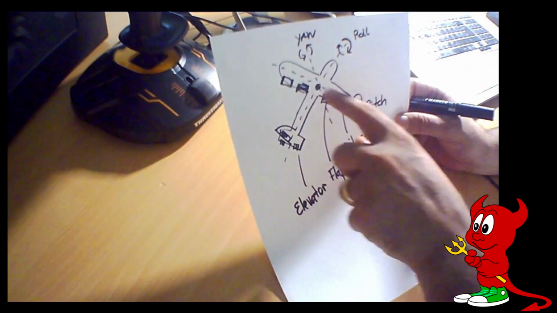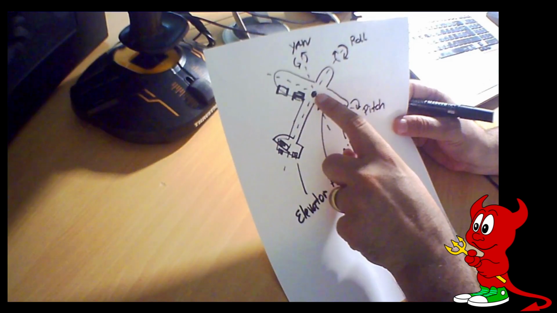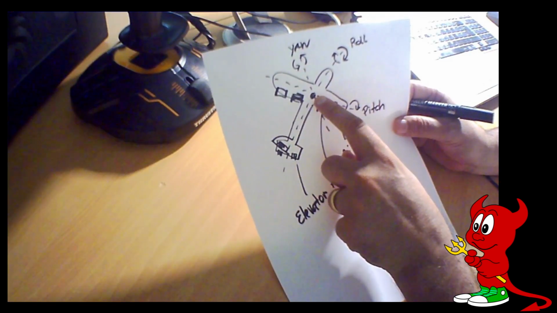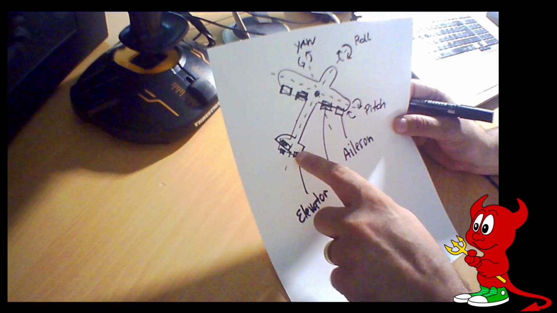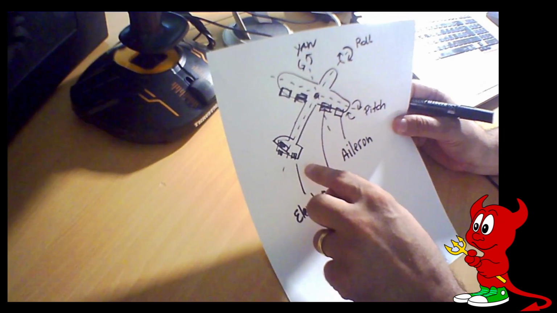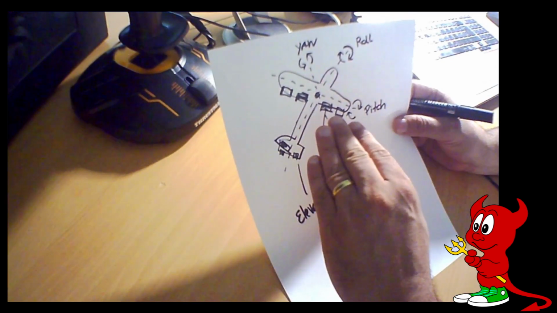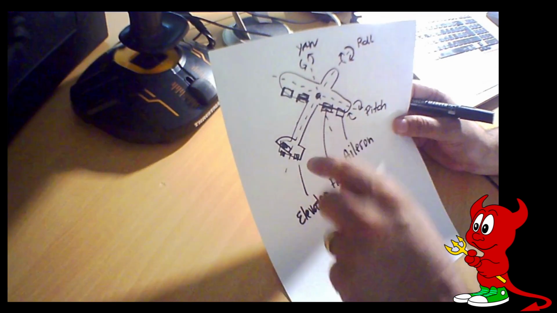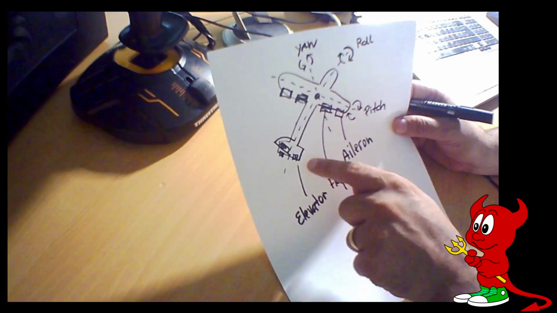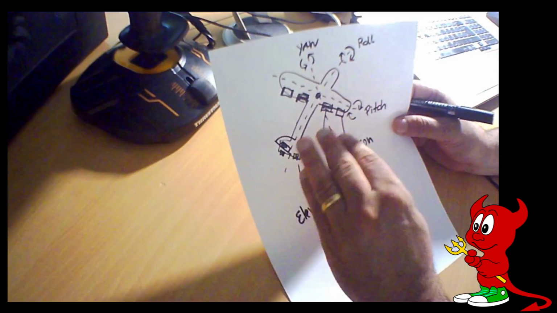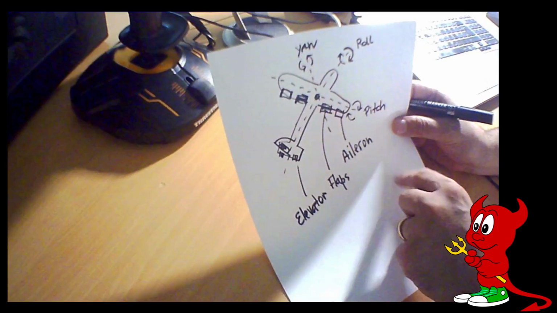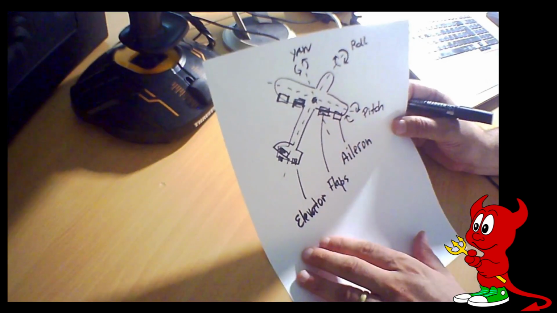Why is this called the elevator? If you see that the airplane's center of mass is here, if this part here goes down, it means that it's going to start giving the airplane a lift, because the air is going to hit the elevator and it's going to lift the tail, and therefore it's going to pitch the airplane down.